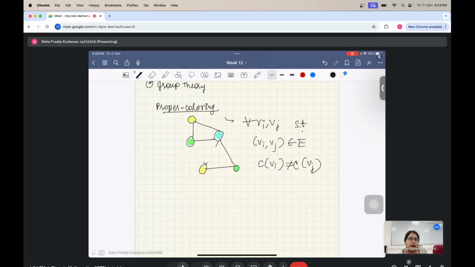Okay, and that's how we define the proper coloring.